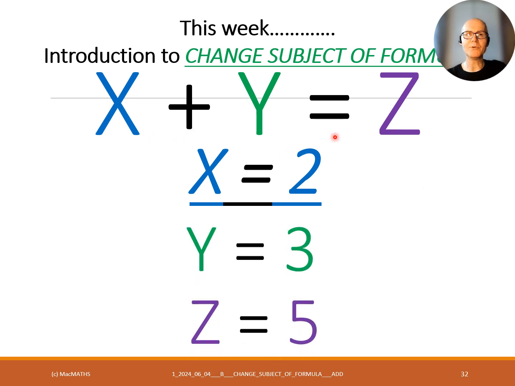X plus Y equals Z was our initial format for the formula. We've worked out that X equals 2. We knew that Y equals 3 and Z equals 5. Let's put those numbers into the original format for the formula and see if X equals 2 is ultimately the correct answer.